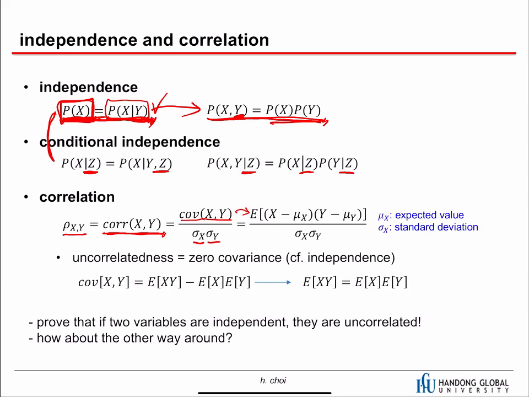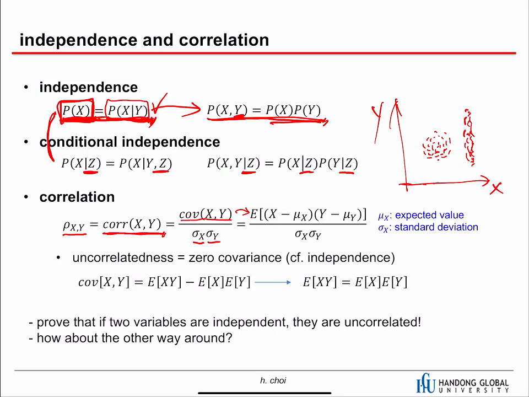Let's say we have two scalar variables x and y, and we get some samples from x and y. If the samples look like this, then there's no correlation between x and y. If we have samples like this, x and y have no correlation.